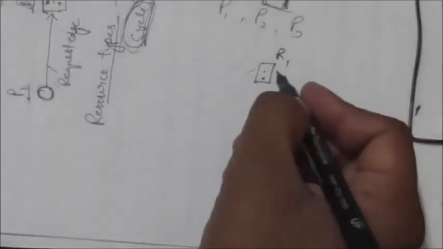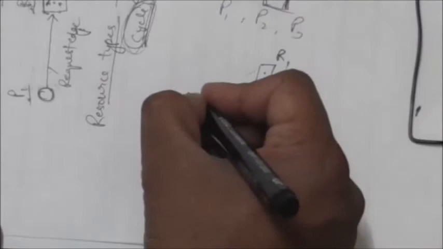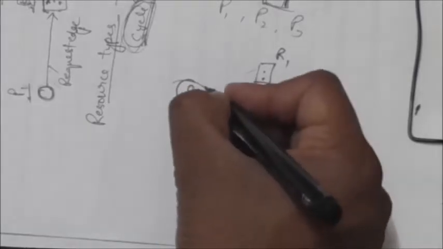Now for example, suppose there are two resource types R1 and R2. Both of these resource types have two instances. This vertex represents the resource type R1, this vertex represents the resource type R2. Now this is the process P1, and this process P1 is requesting an instance of resource type R1.